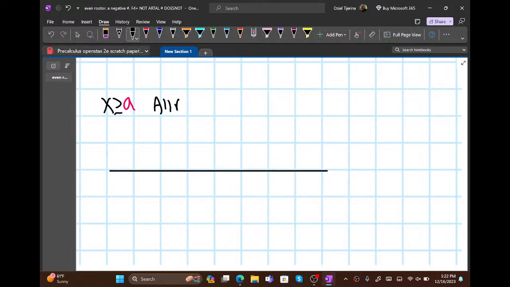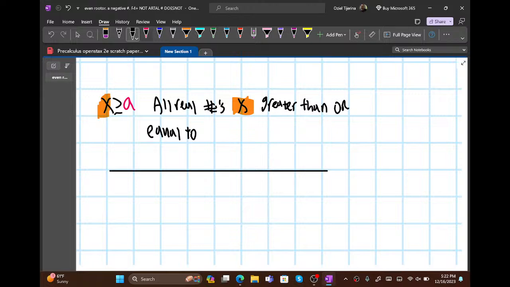So again, all real numbers. x greater than or equal to a, where a is any number.